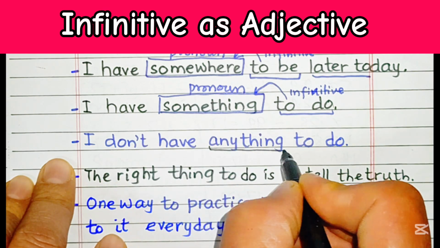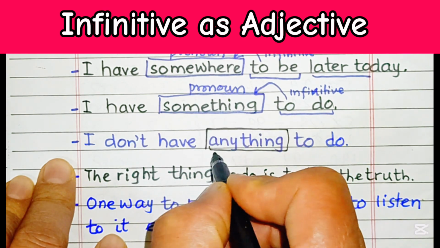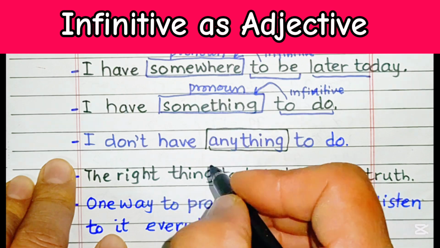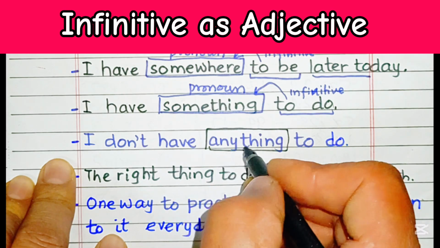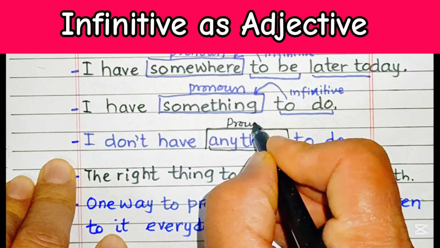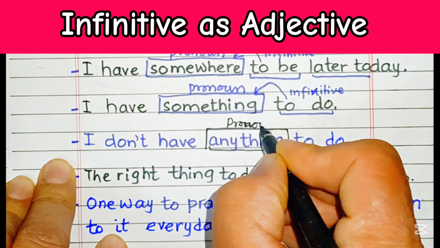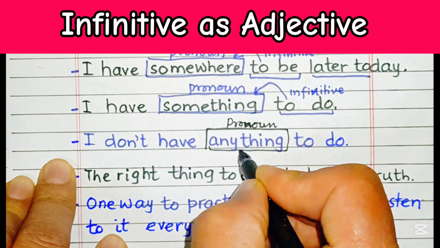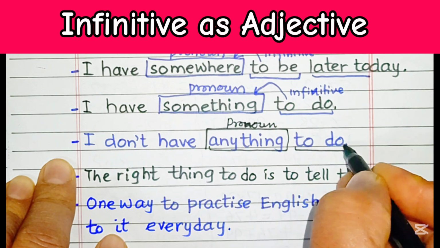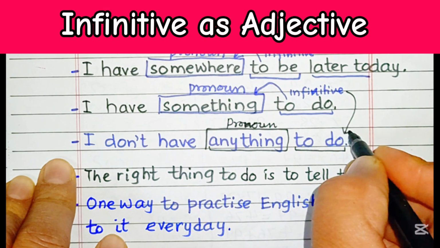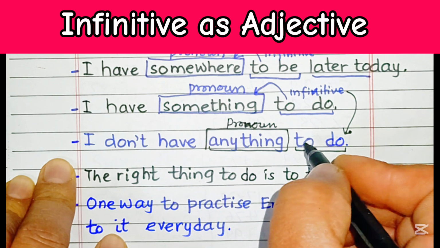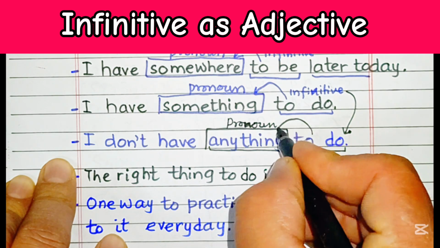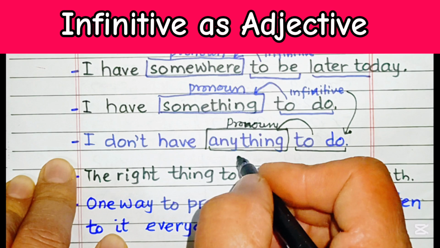And this anything is the pronoun. Again, in this sentence, this is the pronoun anything, and then this is the infinitive once again, and it gives us more information about anything.